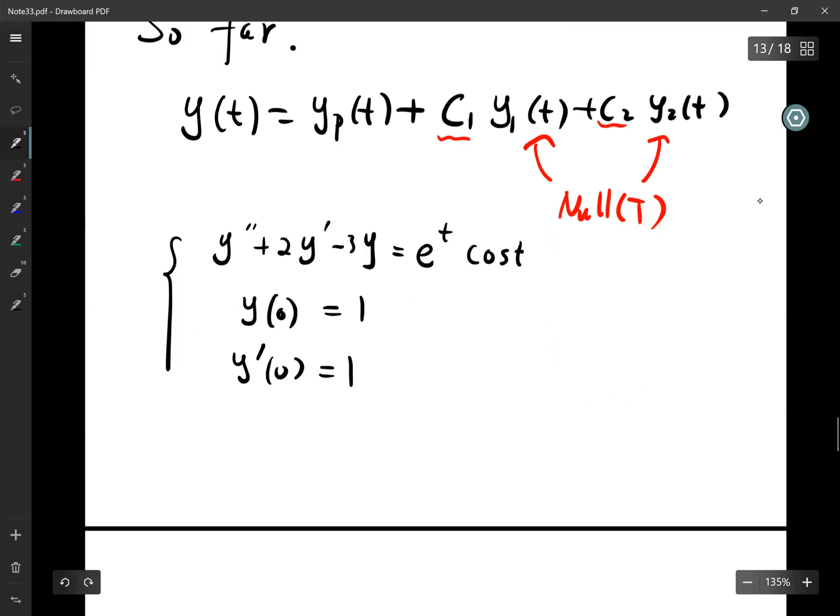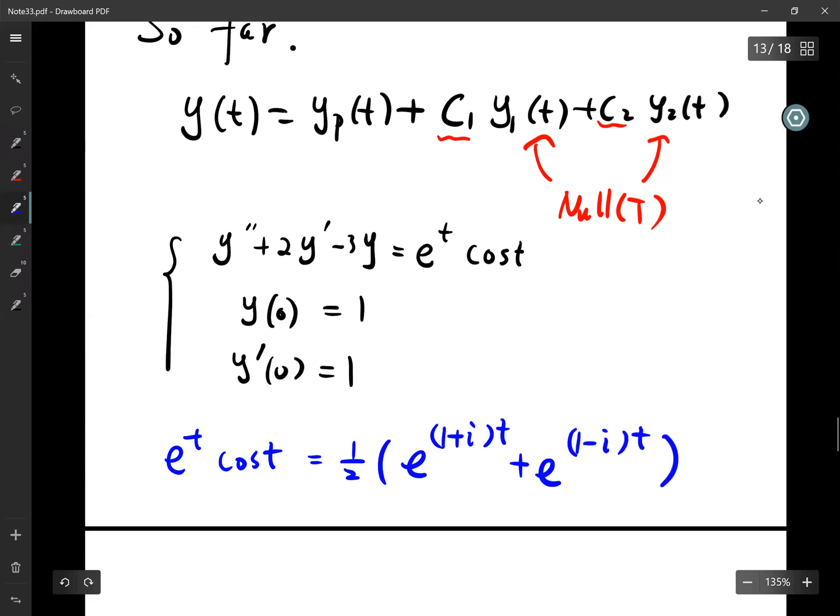So this looks pretty tricky, right? How do I solve this problem? Again, whenever you see a cosine t, the first thing you do is to think of exponential t cosine t. So this one will be equal to 1/2 times exponential of 1 plus i times t, plus exponential of 1 minus i times t.